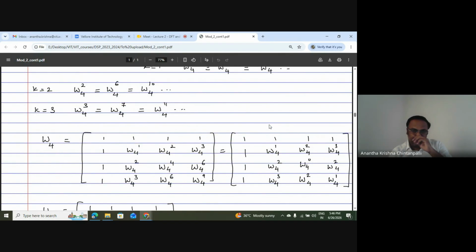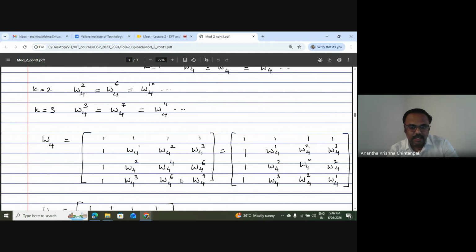I want to simplify this. The first row is 1, the first column is 1. Now, 1, 2, and 3 I cannot simplify. 4 minus 4, if I do, then it becomes 0. 6 is there. It goes beyond 0 to 3, then I can subtract by minus 4. So this is minus 4, this becomes 2.